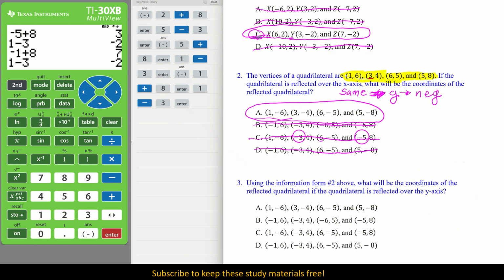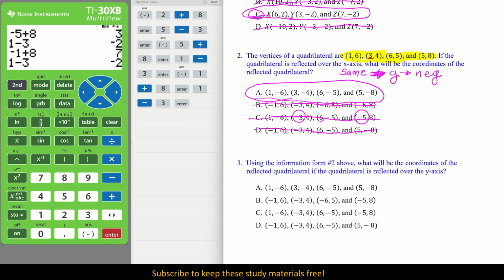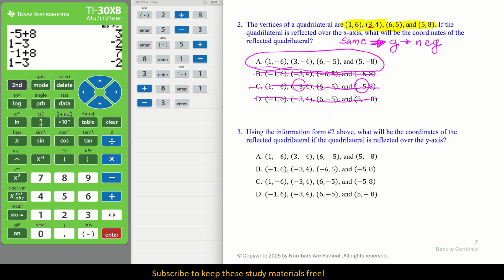All right, well, things look like they're going to change just a little here. Let's look at what number 3 says. Using the information from number 2, what will be the coordinates of the reflected quadrilateral if the coordinate is reflected over the y-axis? Okay, we can use kind of what I said from above.